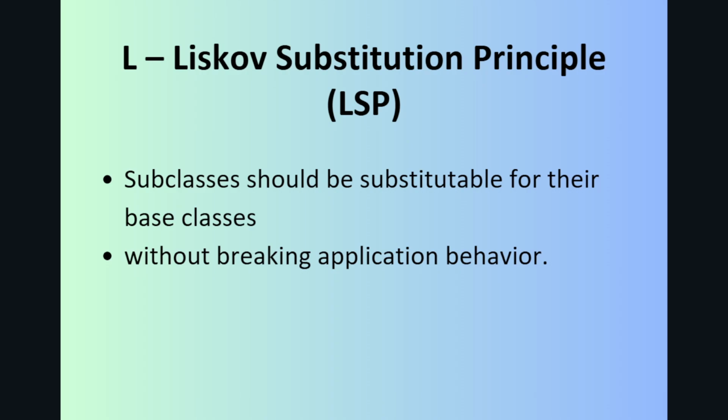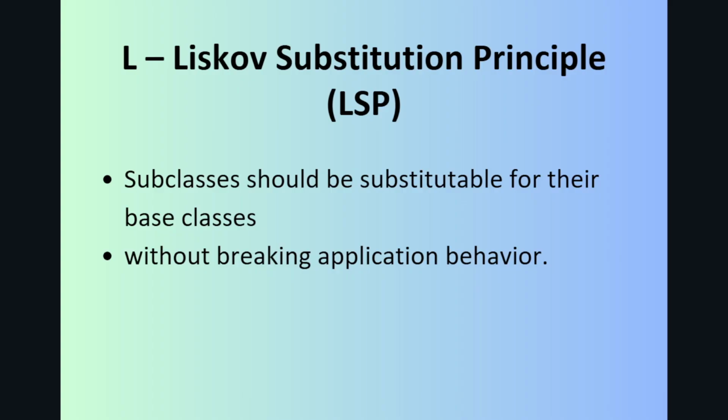But still, when you are replacing, it must have the same features, and this should happen without breaking application behavior. My parent knows how to operate a mobile. I know how to operate a mobile, tab, system, everything. Now, I am replacing the parent.